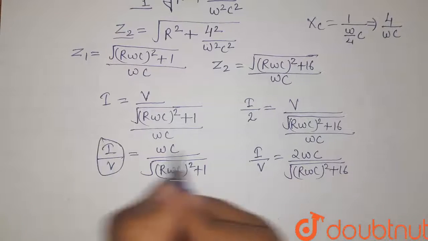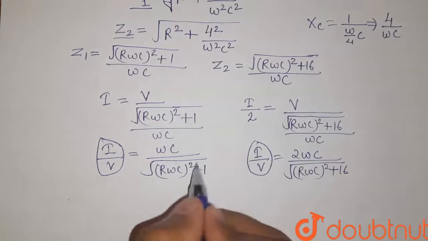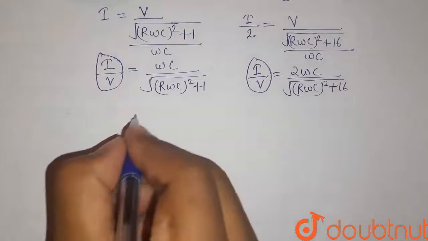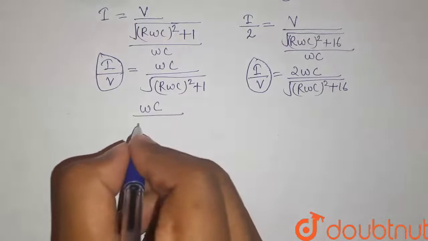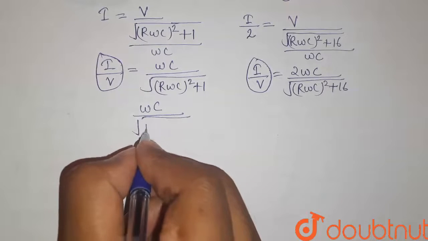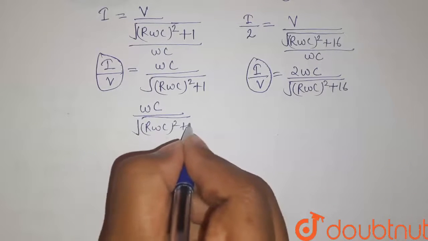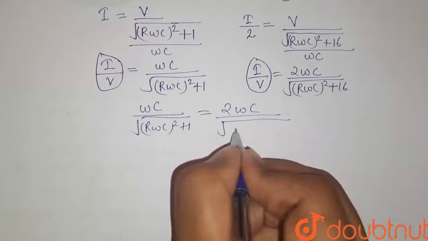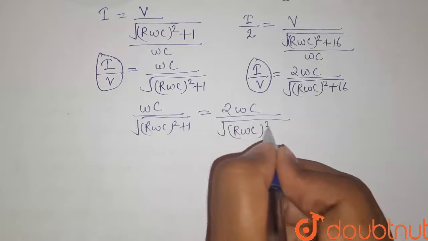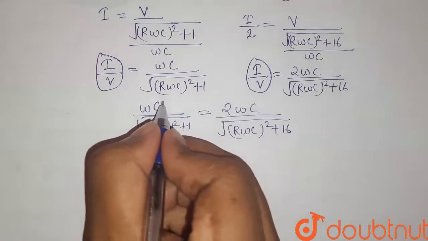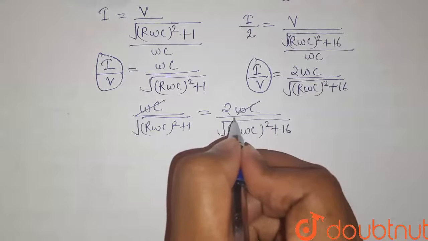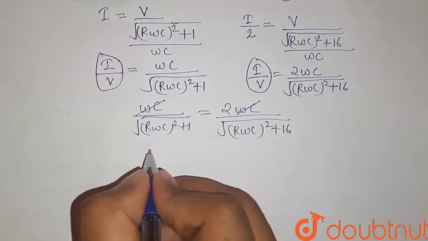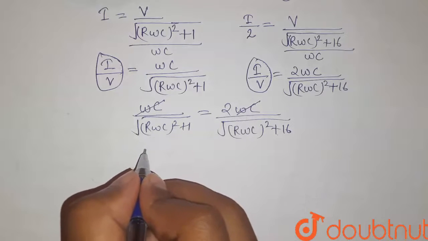Now these two quantities are equal, so we can equate them: omega C divided by the square root of (R omega C) square plus 1 equals 2 omega C divided by the square root of (R omega C) square plus 16. Here omega C and omega C get cancelled out, and we cross multiply and square.